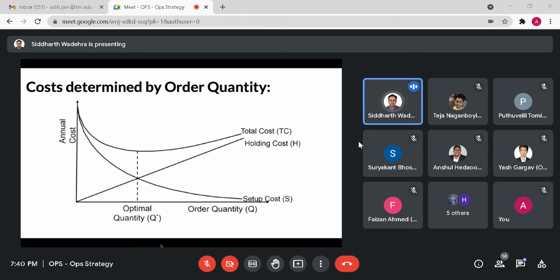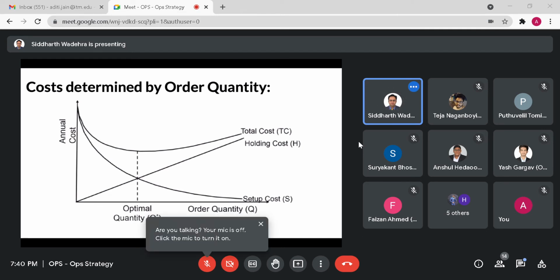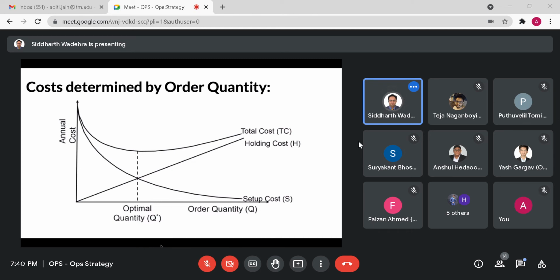On the x-axis, you have the order quantity, and as the order quantity increases from left to right, the more you order at one time, the holding cost, the straight diagonal line going from left to right, increases. At the same time, the cost of ordering or the cost of setup goes down, and that's the curve that's going down from left to right.